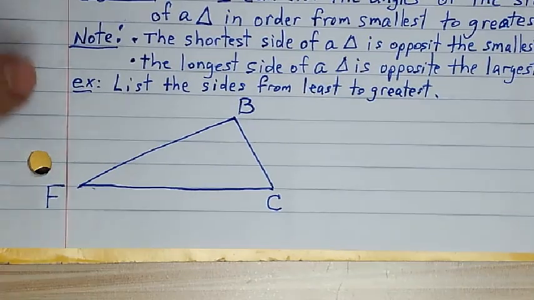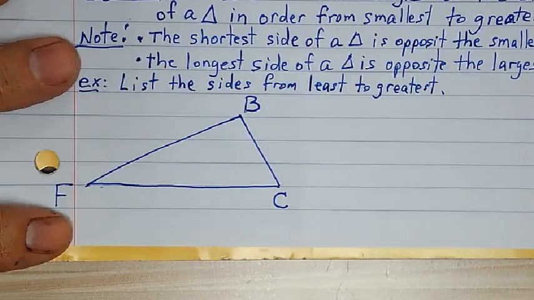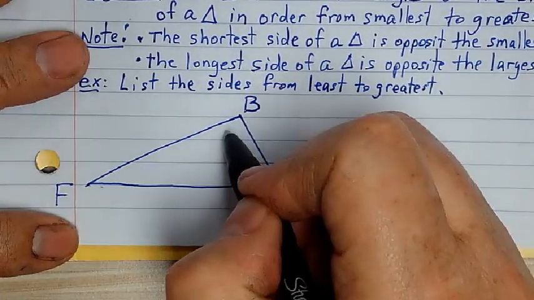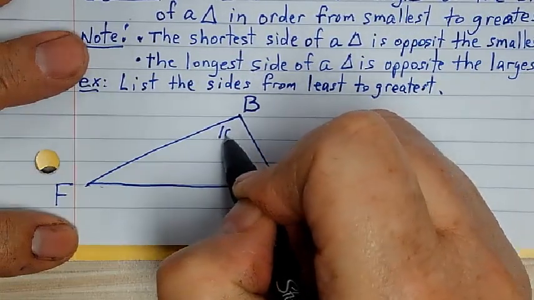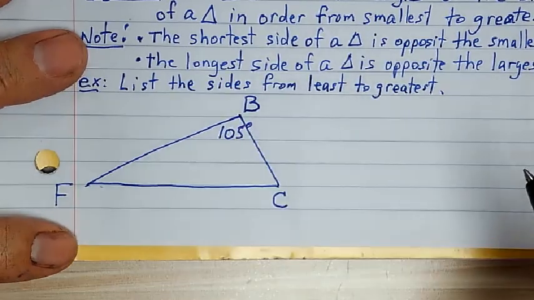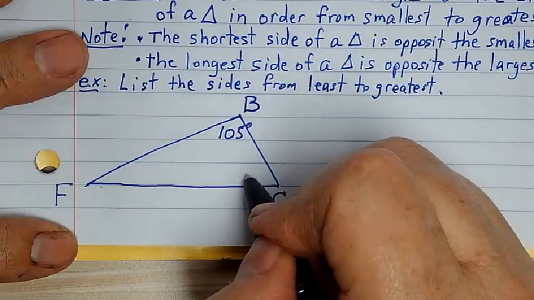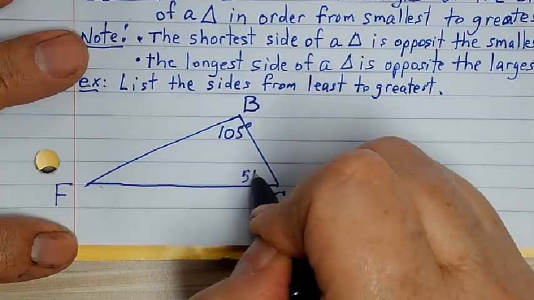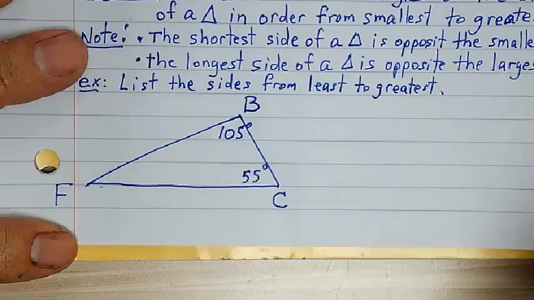Like, for example, they'll say this is 105 degrees, and this is, say, 55 degrees, and maybe this is 20 degrees.